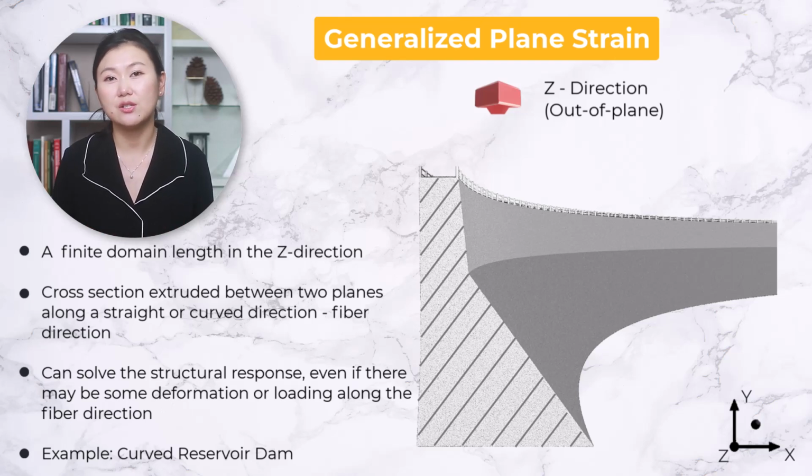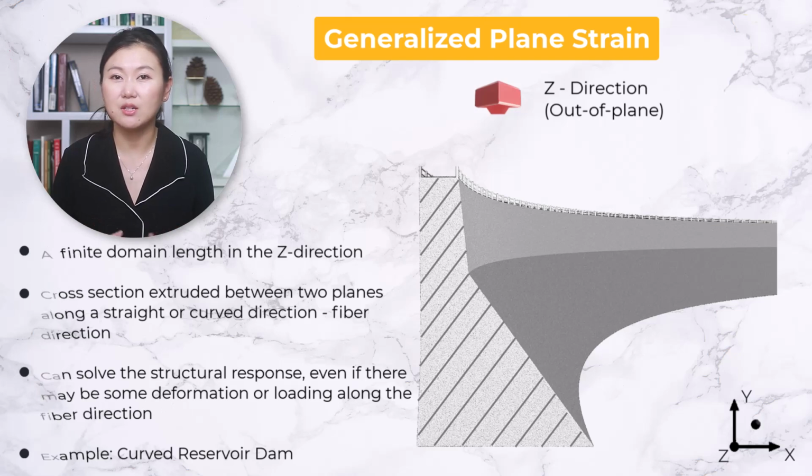In such situations, using generalized plane strain allows us to efficiently calculate the structure response even if there might be some deformation or loading along the fiber direction. Going back to the reservoir dam example, a straight reservoir dam would be characterized by 2D plane strain, but a curved reservoir dam with constant curvature should be analyzed with a generalized plane strain approach.